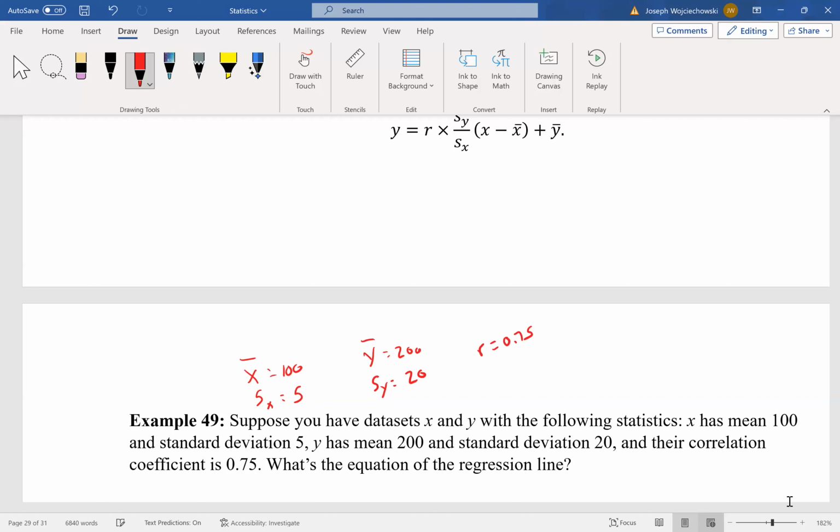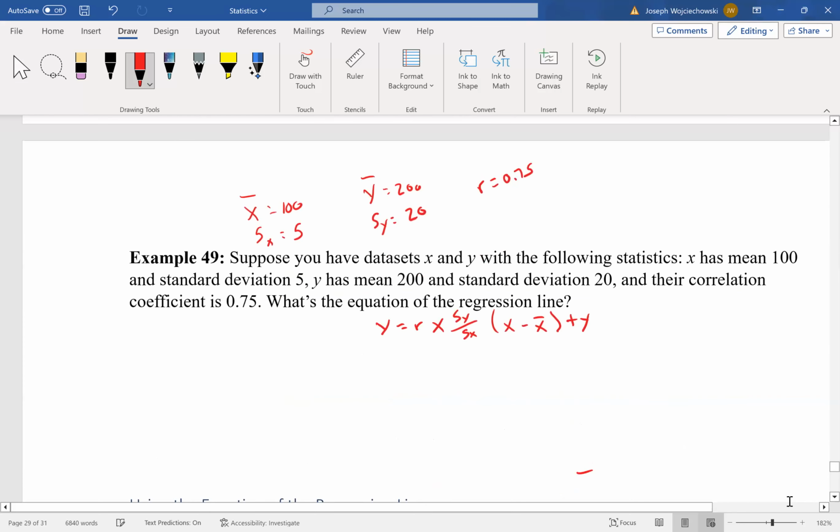So my equation is y equals r times s sub y over s sub x times (x minus x bar) plus y bar. So let's fill in the values we have.